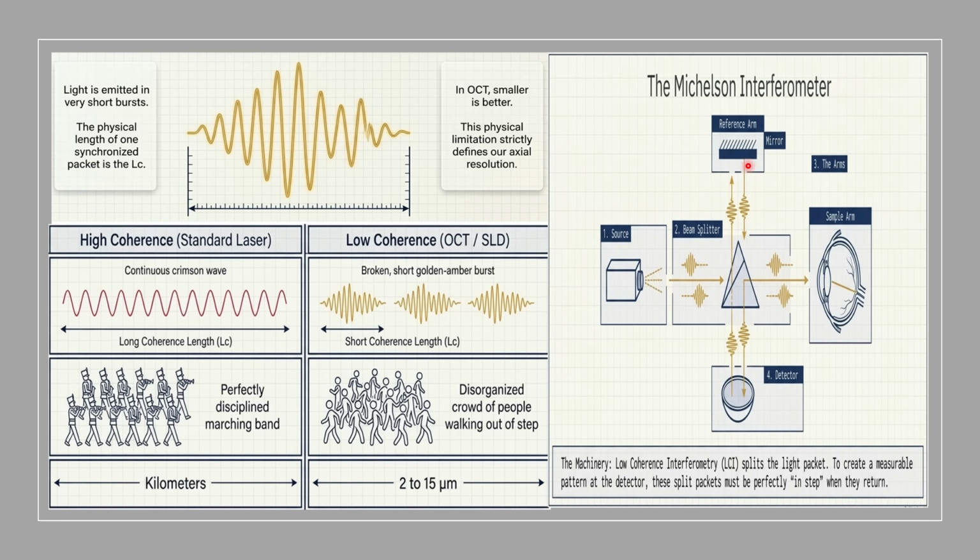Now, if the reflected packets of pulse from the reference arm and the sample arm are not in phase, so there is some delay, as you can see here, between this pulse and this pulse, but this delay is still shorter than the coherence length, we will still have constructive interference, and a signal for the image will be formed. Now, the third condition: if the delay between the reflected packets of pulse from the reference arm and the sample is more than this coherence length, at that time there will be destructive interference and there will be no image formation.